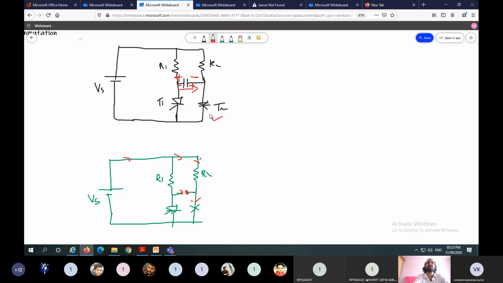Once T2 is turned on, the current flows in this direction. Here the voltage across the capacitor changes from minus Vs to 0, and again from 0 to Vs. If it reaches Vs, it acts as an open circuit.